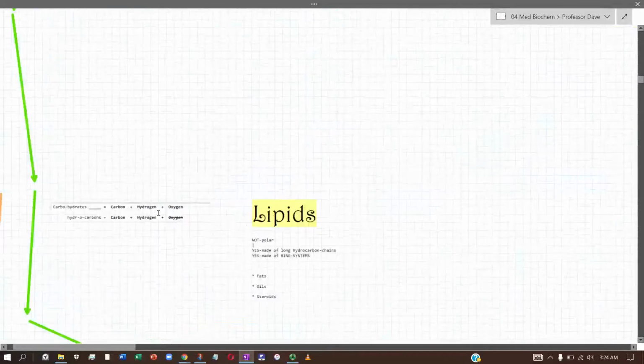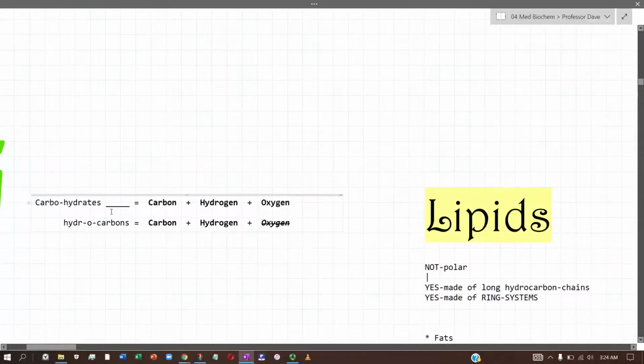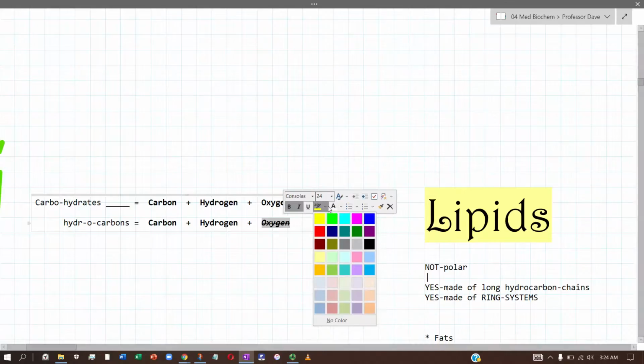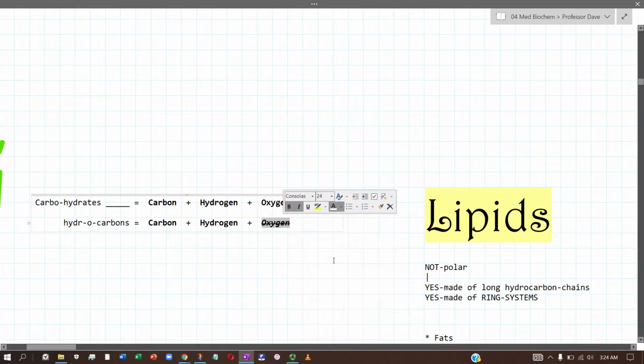Lipids. So this is an important bit of review. What's the difference between a carbohydrate and hydrocarbons? Well, here we need to make a change here. Cool. So when it comes to carbohydrates, as Professor Dave explains in his video, it's carbon that is hydrated, hydrates of carbon.